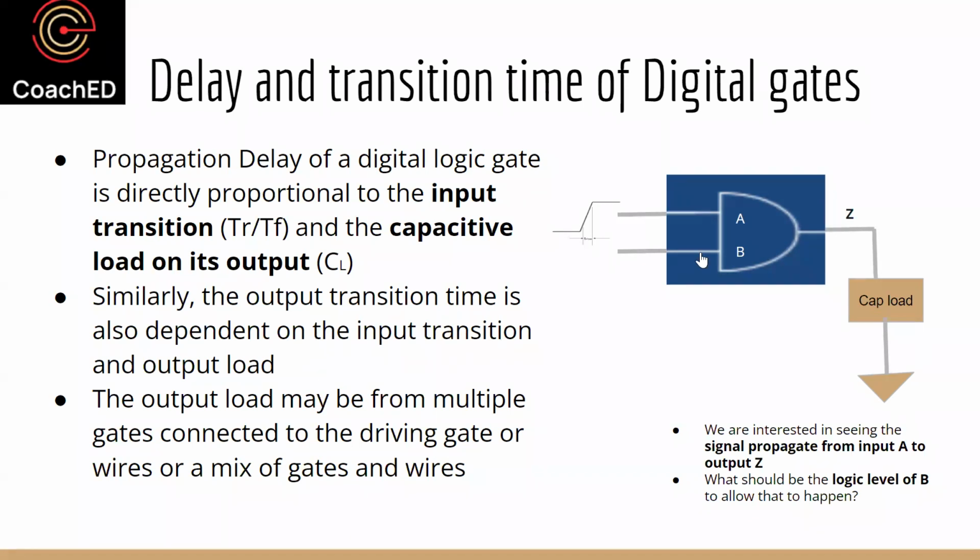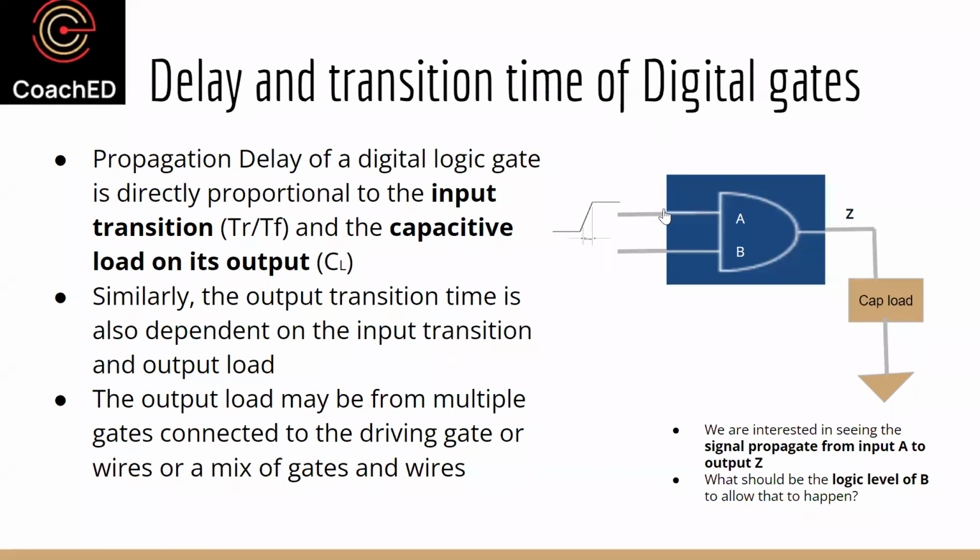Now, I just talked about delay here, but similarly, the output transition is also dependent on the R and the C of the devices or the transistors forming the gates and the load sitting here. But the actual function or the relationship may be different, because even though I've shown an AND gate here, this whole black box could actually have been a multi-stage gate.